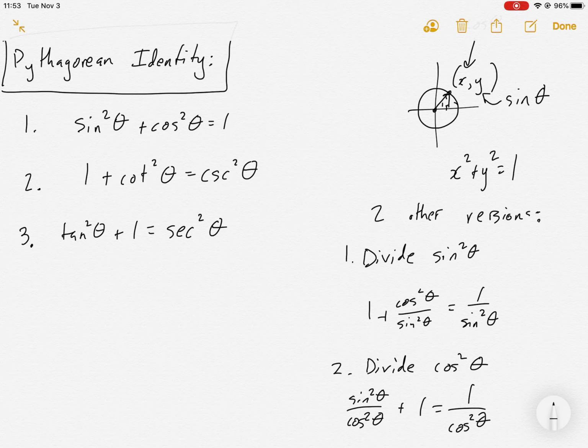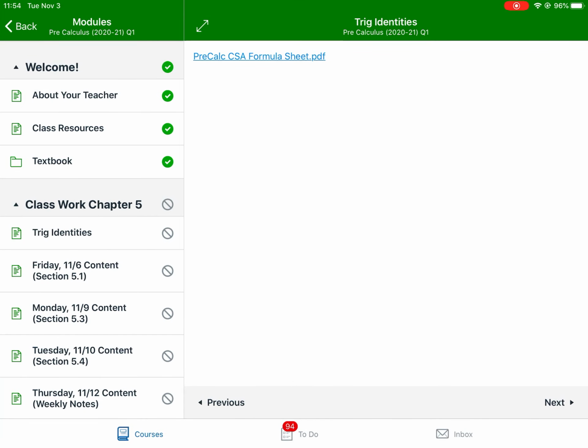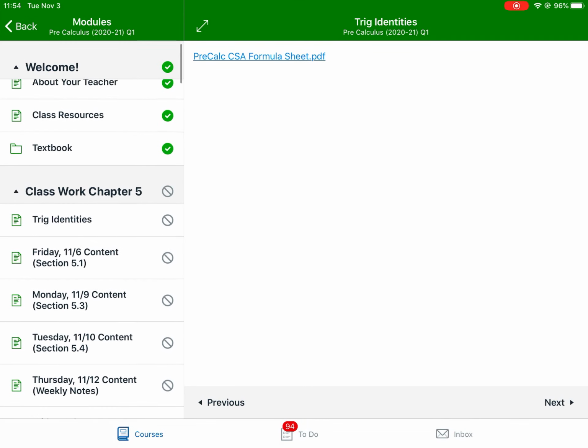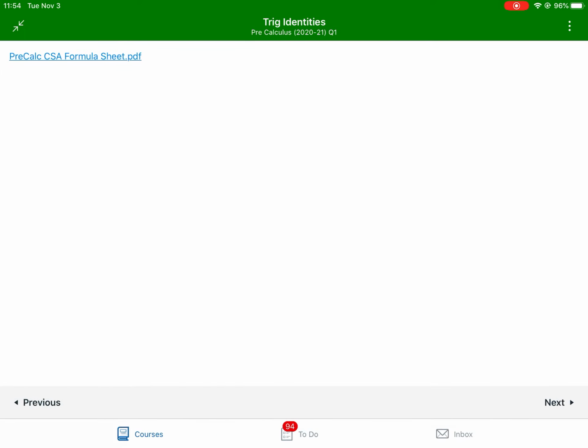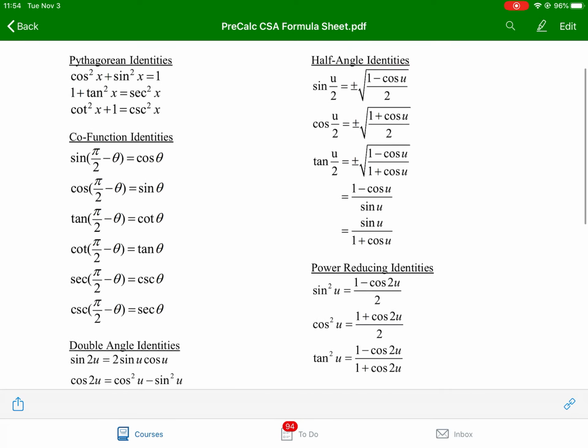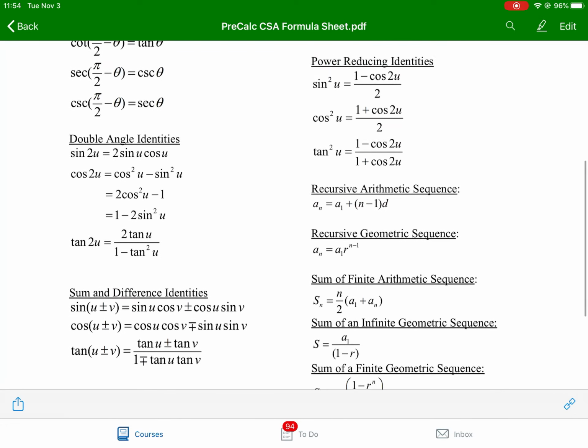All right. Now there's a whole lot more, and I'm going to show you just in a moment a list of them. We're not going to get into all of them today. We'll just be using these ones for the section 5.1 content. But if you want to take a look at what's coming, if you look under the classwork over here and you click on trig identities, you'll see a whole list. We have Pythagorean, cofunction, double angle, sum and difference.